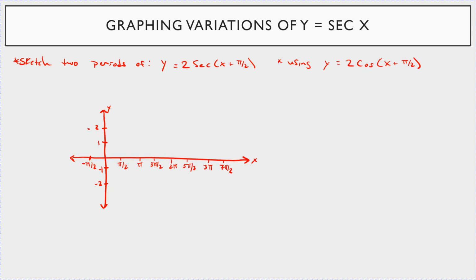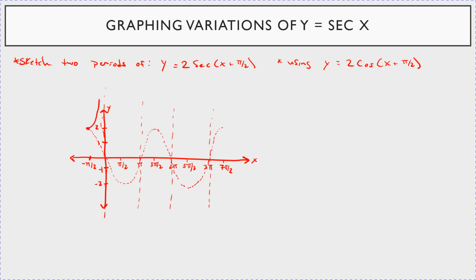And look, so cosine starts up here. And you can see exactly what's going on. Just like I had in the previous one. So wherever it crosses the x-axis, you get the vertical asymptote. And it's the same procedure.